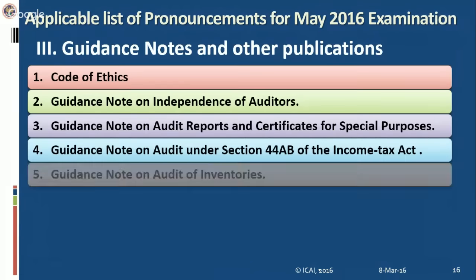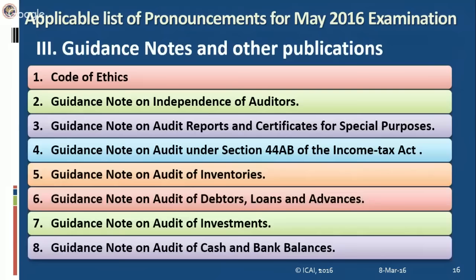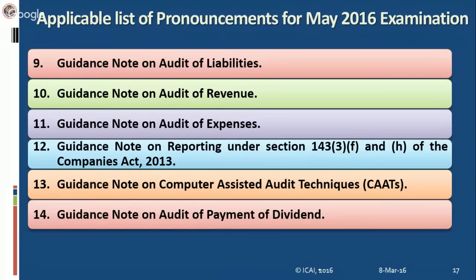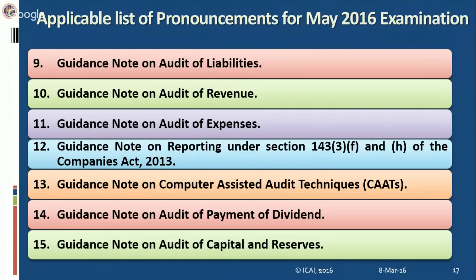Guidance note, students, this time a new guidance note has been inserted for your examination. That is guidance note on reporting under section 143(3) F and H of the Companies Act 2013. So point number 12, you may note down guidance note on reporting under section 143(3) F and H of the Companies Act. This is a new guidance note being applicable for this examination.